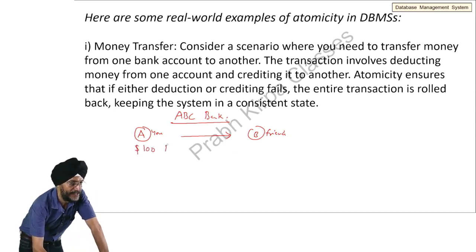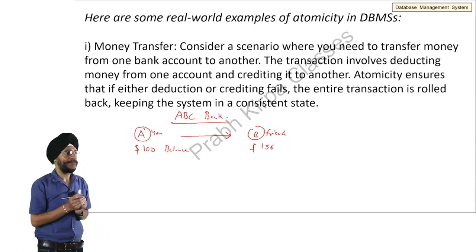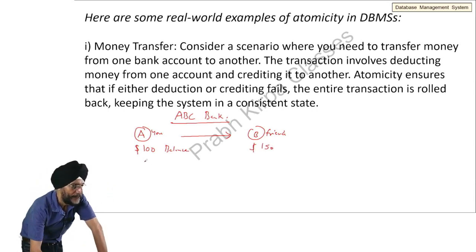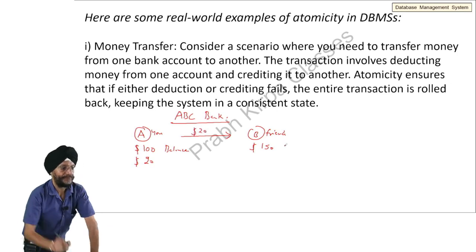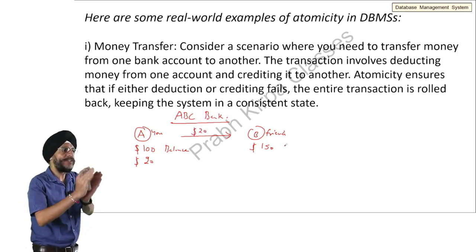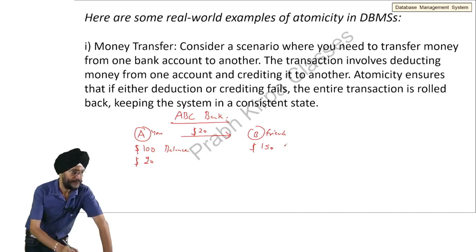That is the balance which is at present in your account. Here, your friend is having $150 in his account. Now you want to send, say, $20 to your friend, who is having an account in the same bank.